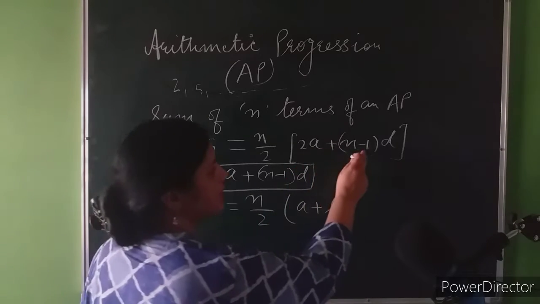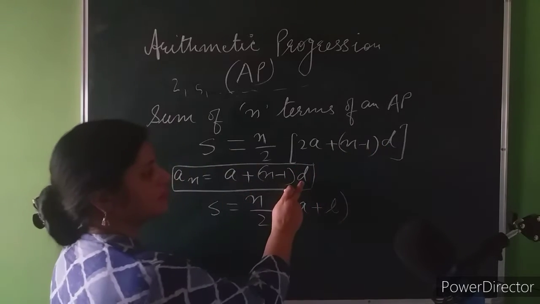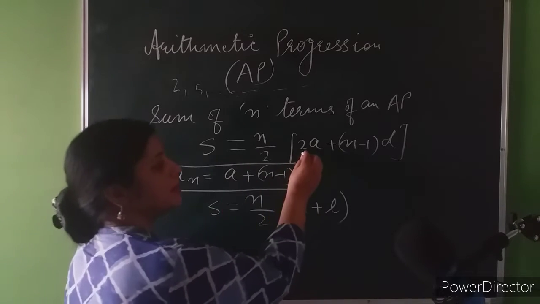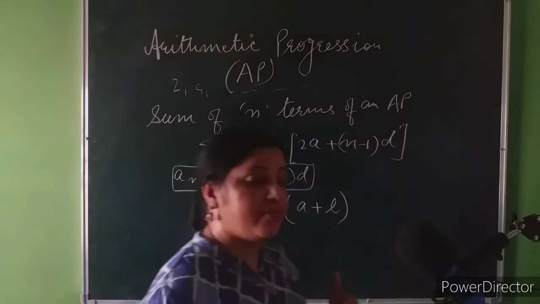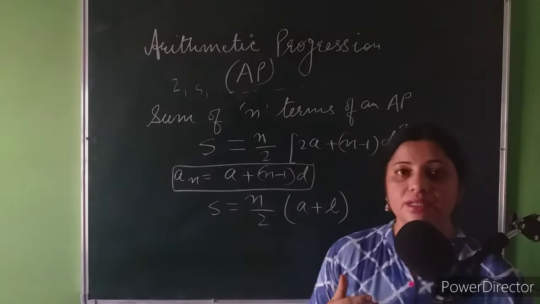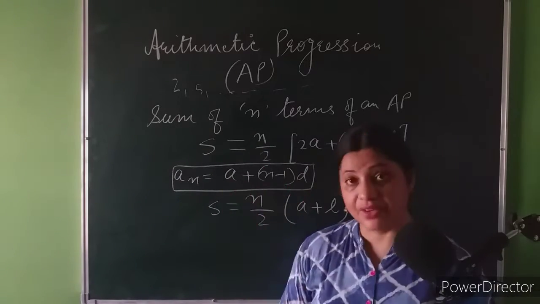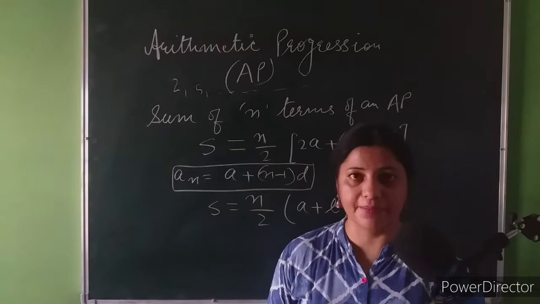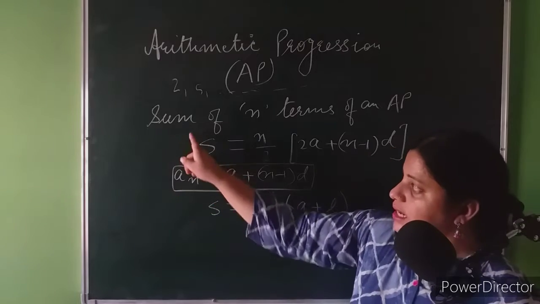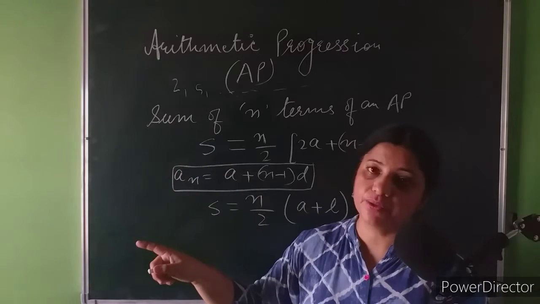So a plus (n minus 1) into d is matching somewhere. But with this a, there is 2a, and outside there is also n by 2. So the formulae are almost the same with a little difference only, but we have to see this difference very carefully, okay, and not get confused. So these are the two very important formulae related to AP.